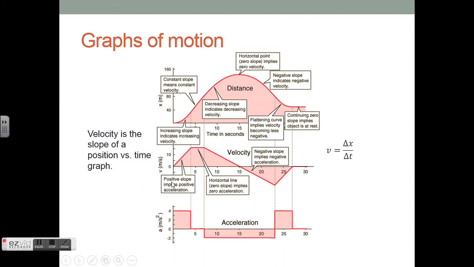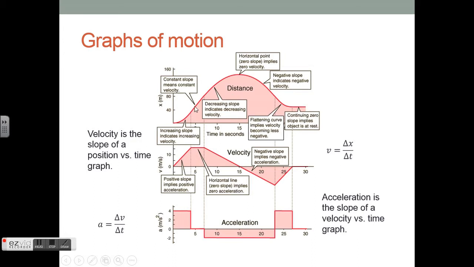Now here we have a positive slope. It looks like a constant slope. And the thing to remember about the relationship between acceleration and velocity is that acceleration is ultimately the slope on a velocity versus time graph. So here, if the velocity is increasing, that means we have a positive acceleration. We have a straight line, so that slope is constant, and so my acceleration is constant.